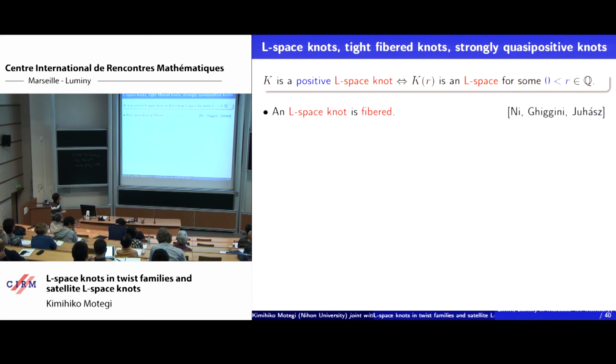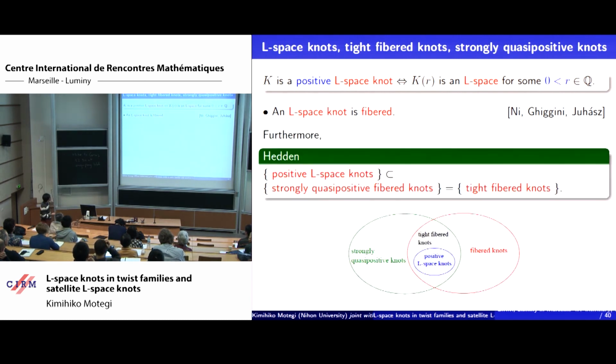Okay. And an L-space knot is a fibered knot, due to Ghiggini and Juhász. Firstly, Ghiggini proved this for the genus 1 case, and then Ni generalized this, and Juhász gave an alternative proof. Furthermore, Hedden proved that positive L-space knots are strongly quasi-positive fibered knots and hence tight fibered knots.